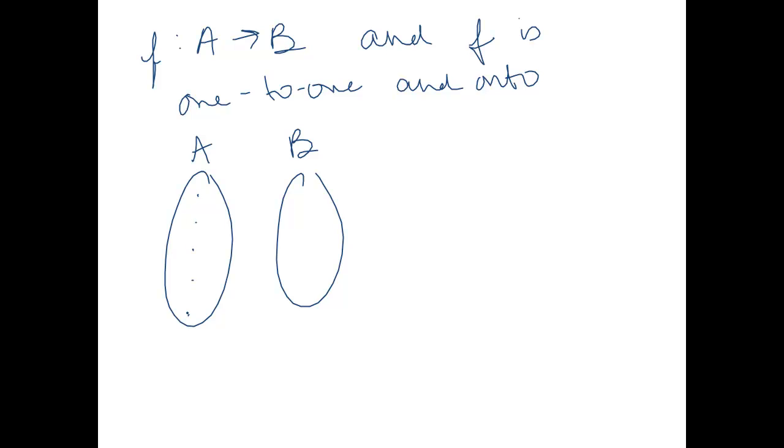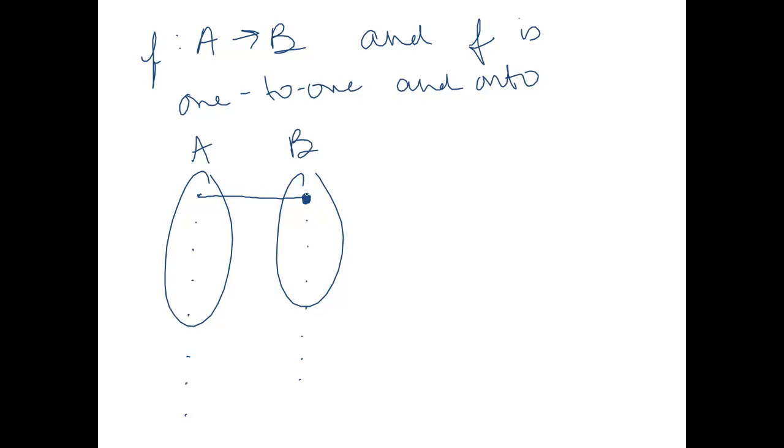One-to-one means that for every element in B, we have at most one element in A mapping to it.